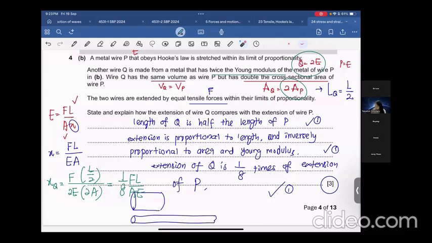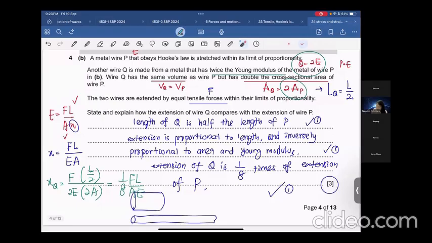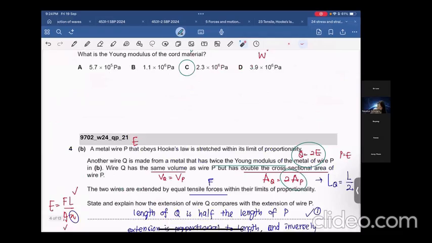Okay, Jore is asking why the length is half. It is because they told us the volume is the same, so your cross-sectional area doubles.